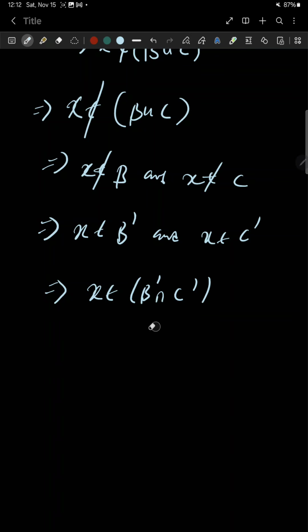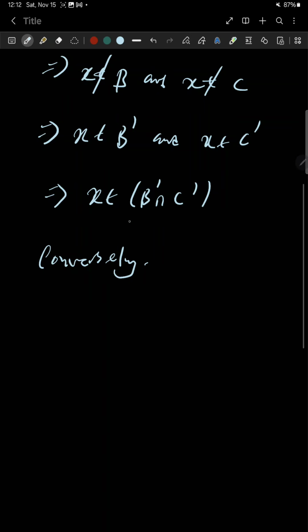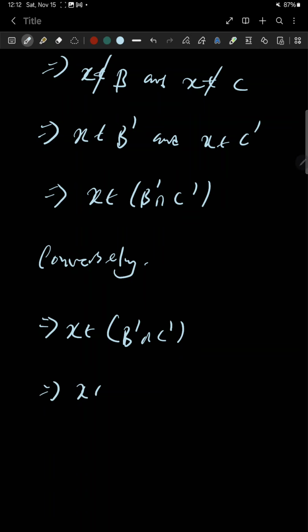Then you're going to say conversely. Whenever you're proving, you have to say conversely. In other words, you have to go back, and by conversely, you know what I mean. You're going to go back, just going back straight. So this will be X is a member of B complement intersection C complement. Then X is a member of B complement and X is a member of C complement.